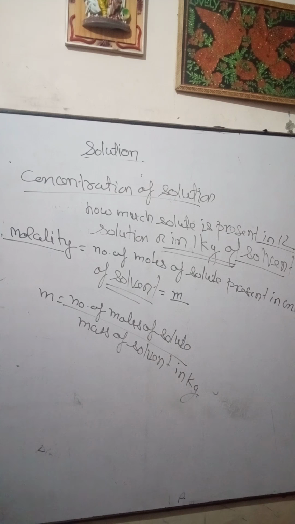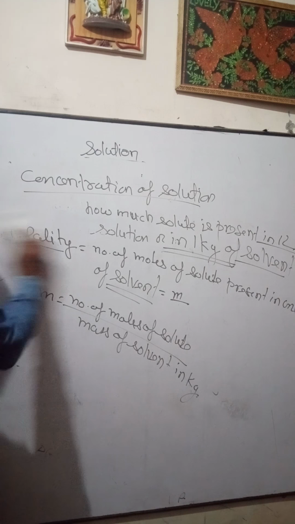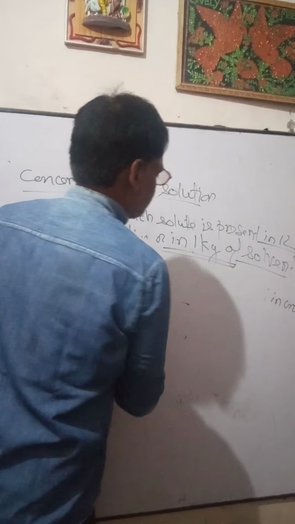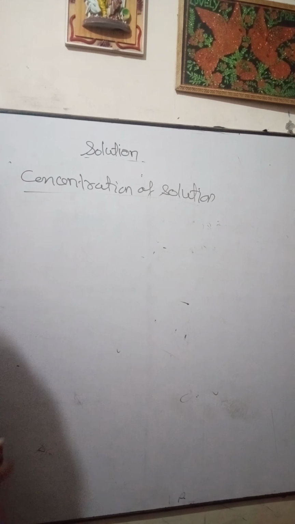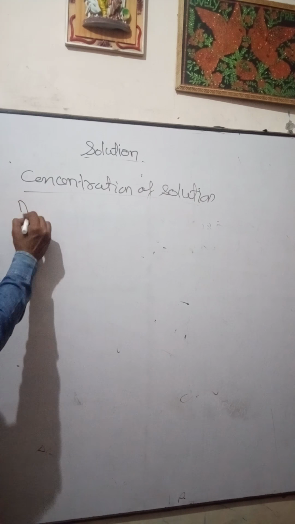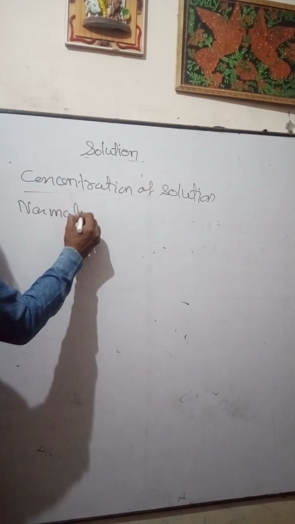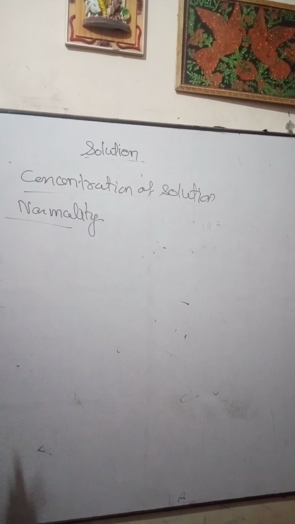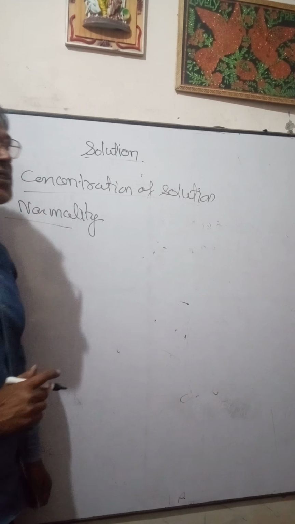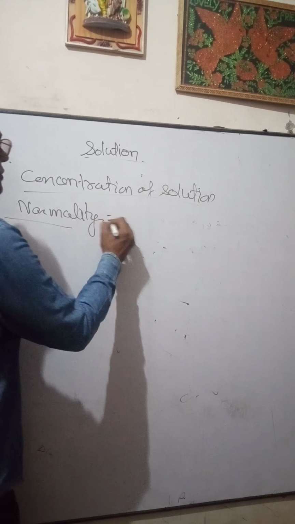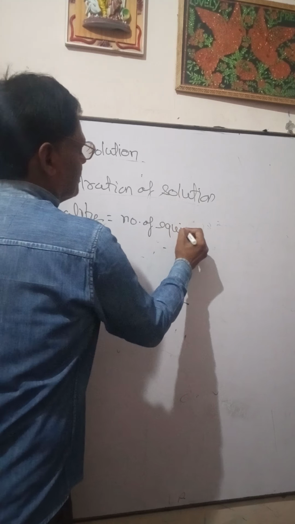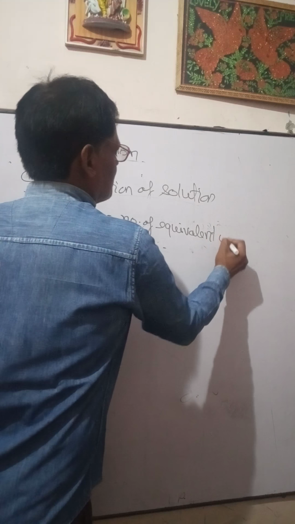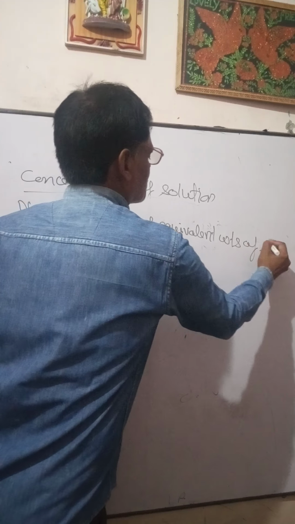Now we will study another scale to measure the concentration of the solution. The third scale is normality. What is normality? Number of equivalent weights of solute present in 1 liter of solution.